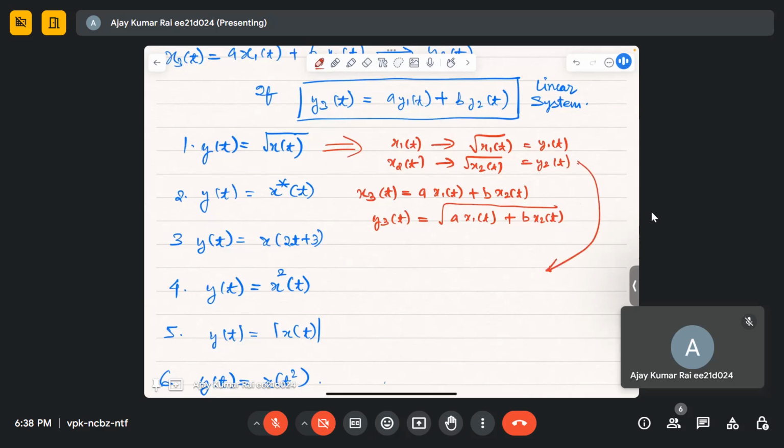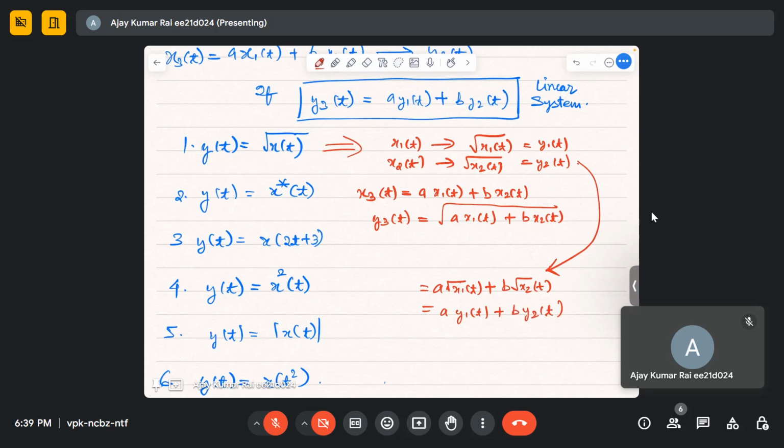If this system is linear, it should be equal to a root of x1(t) plus b root of x2(t), or you can say y1(t) plus b y2(t).